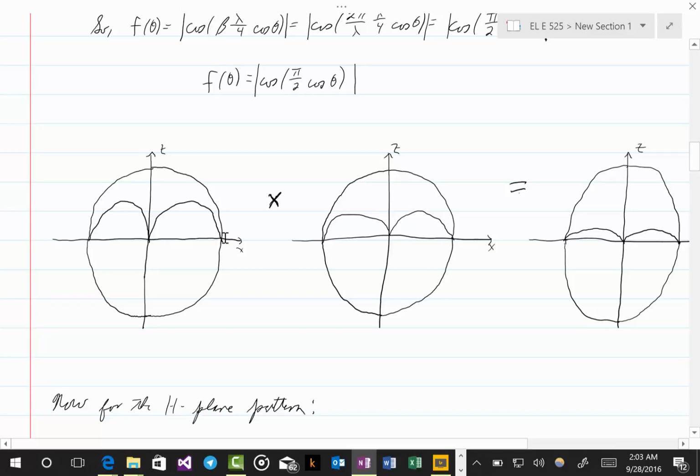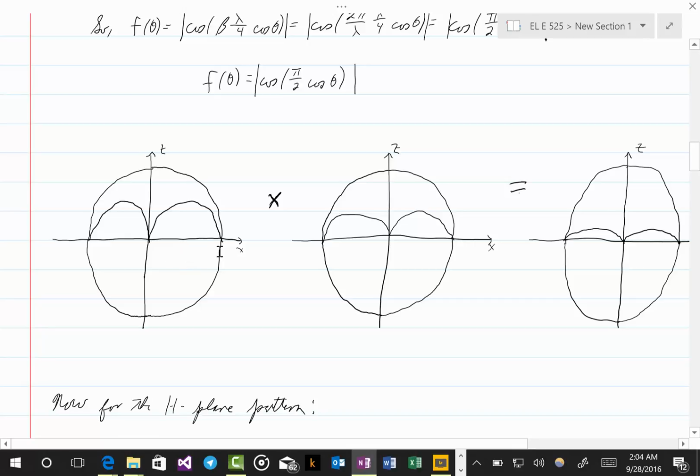So this is where it touches that circle of radius 1. And of course, over here, the same values of theta, so you might think of it as the reflection of this in the z-axis.